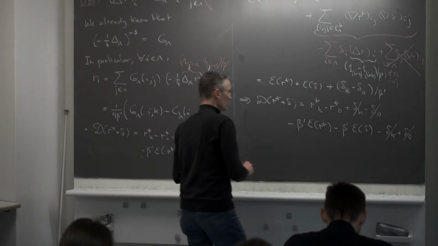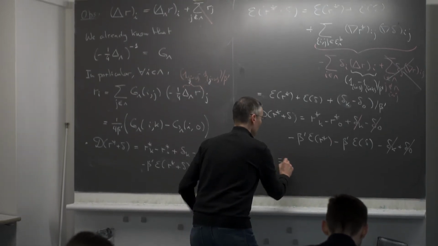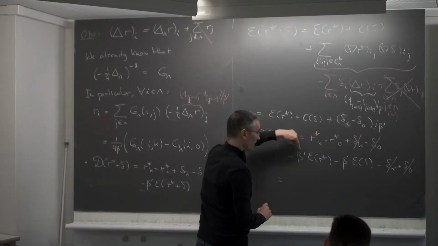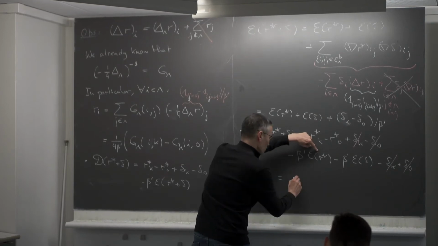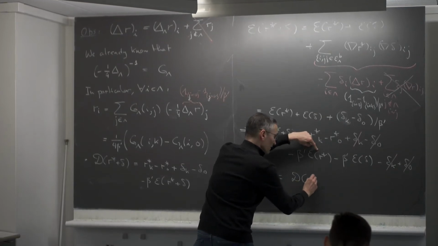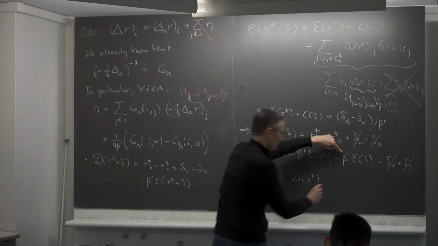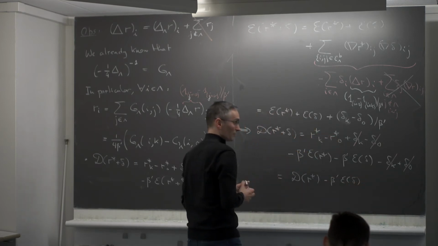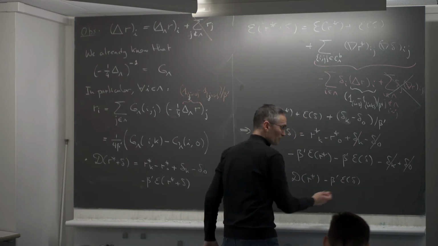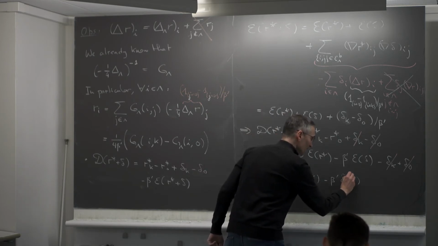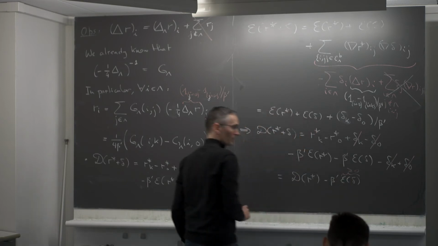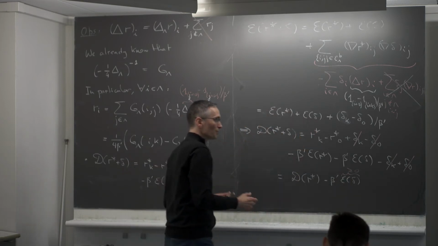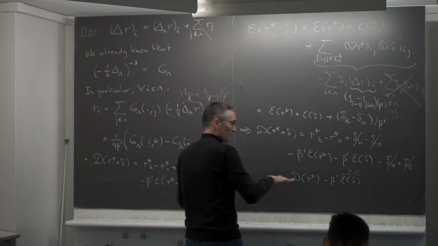Then what I'm left with is r star k minus r star 0 minus beta prime epsilon of r star, which is just d of r star, minus beta prime and the Dirichlet energy of delta. But the Dirichlet energy is a quadratic function, it's the sum of squares. So again, this is a positive quantity, actually strictly positive if delta is not identically 0.